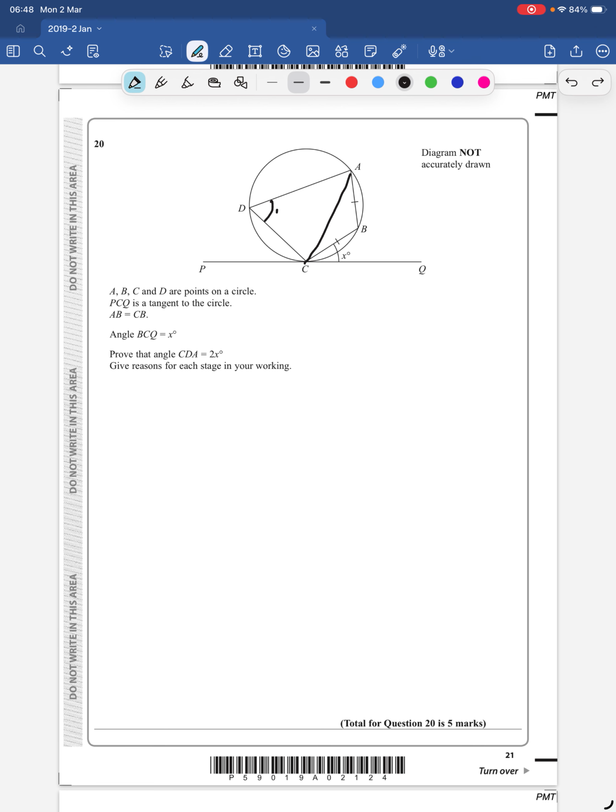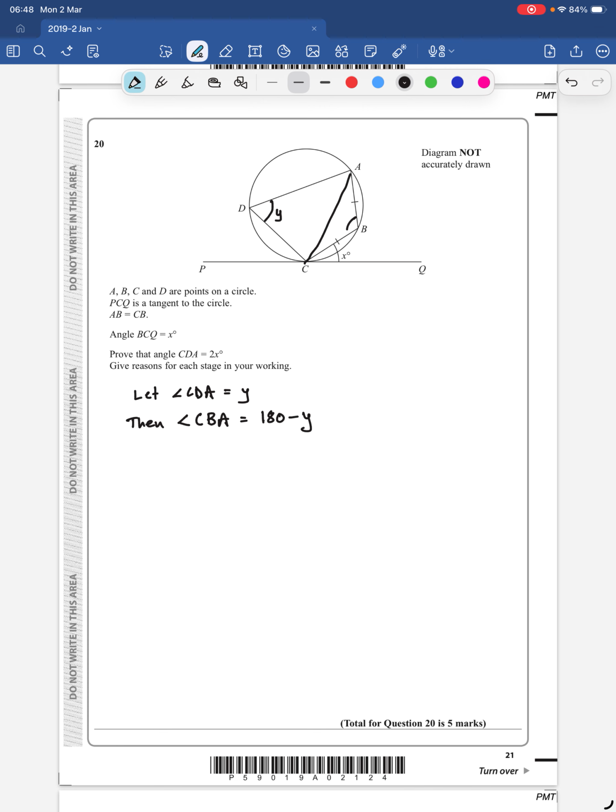Let's label this one y. Now, if this is y, I'll say something like let angle CDA equal y, and then I can say then angle CBA equals 180 minus y.